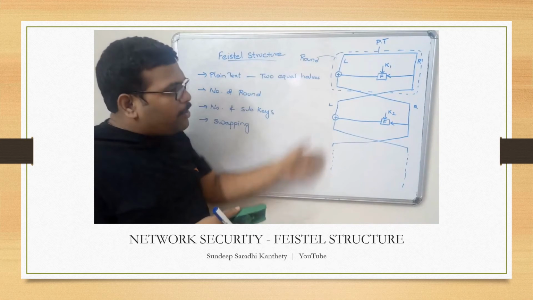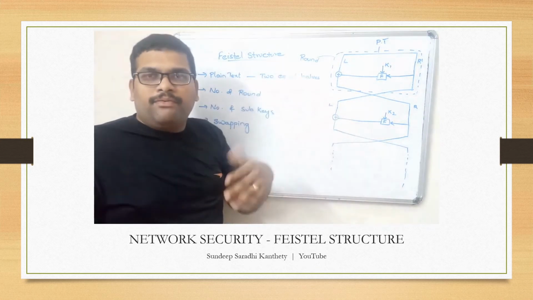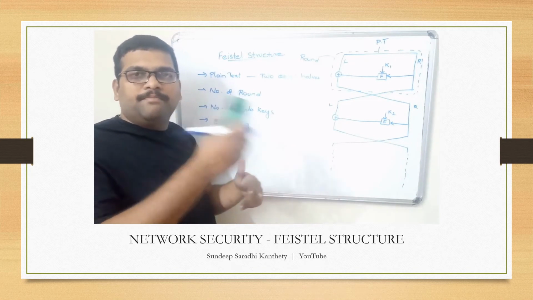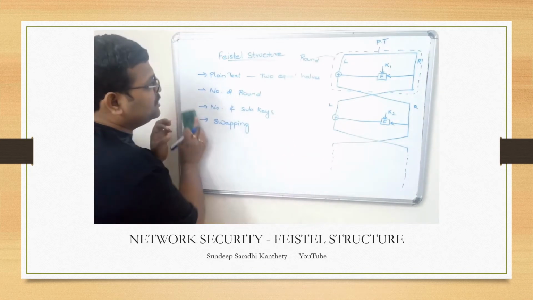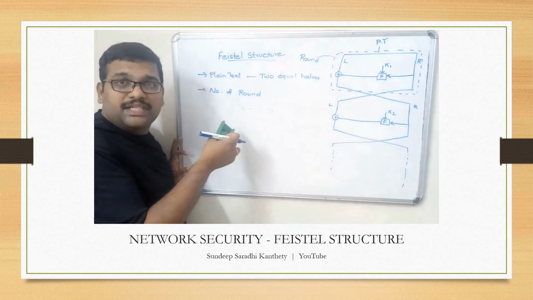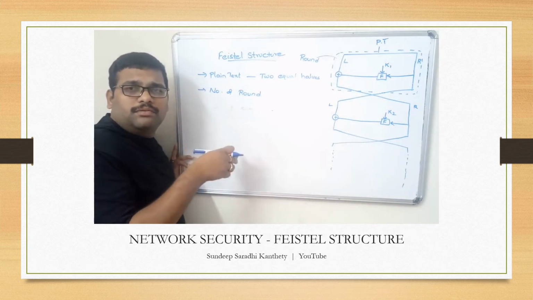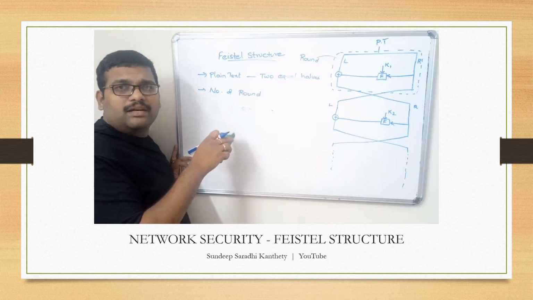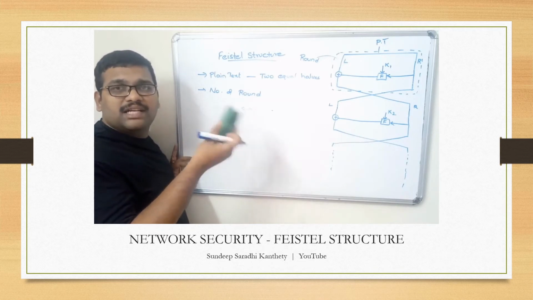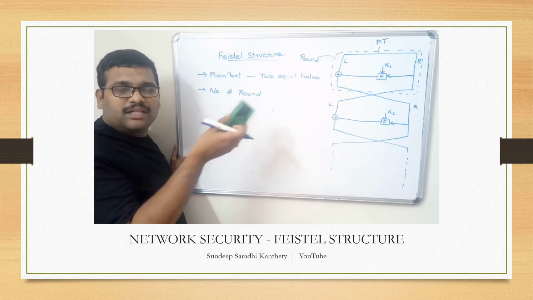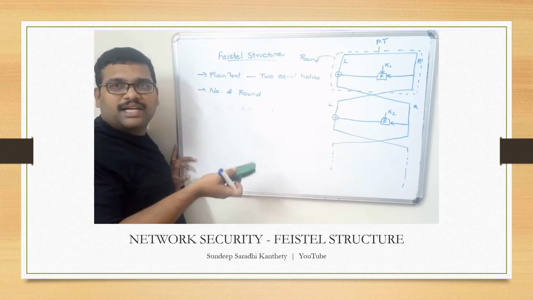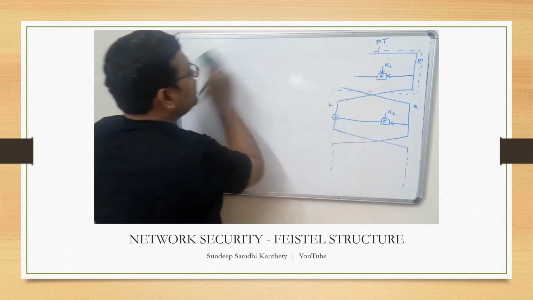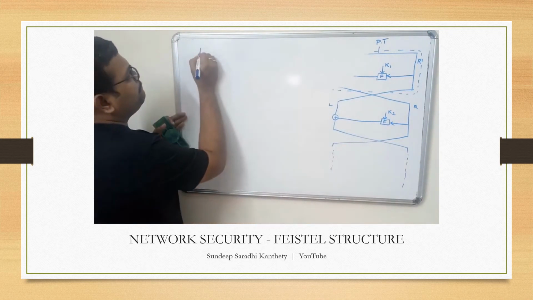This process will be repeated in a number of rounds, and this number of rounds will depend on the algorithm. Hope you understood this Feistel structure. In the next session I will show the example for this Feistel structure, that is the DES algorithm, Data Encryption Standard algorithm. Now let us have a look at block cipher design principles.